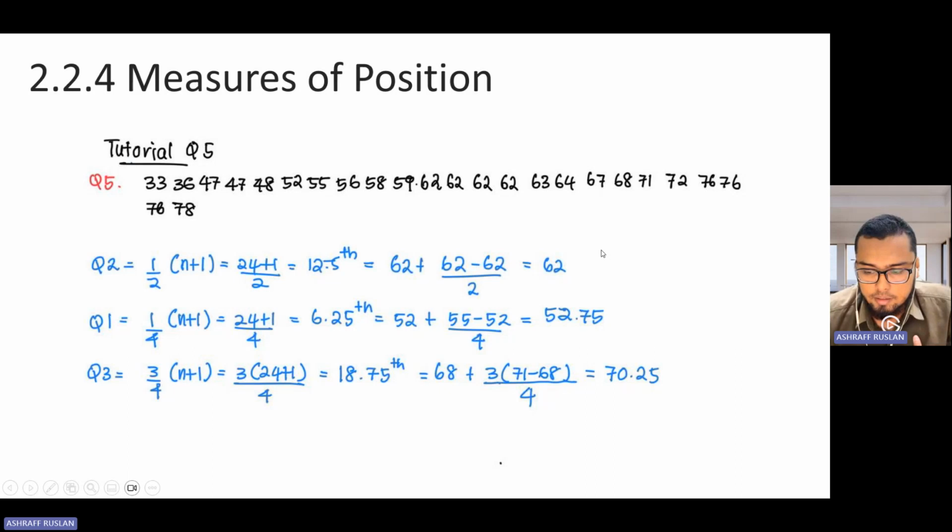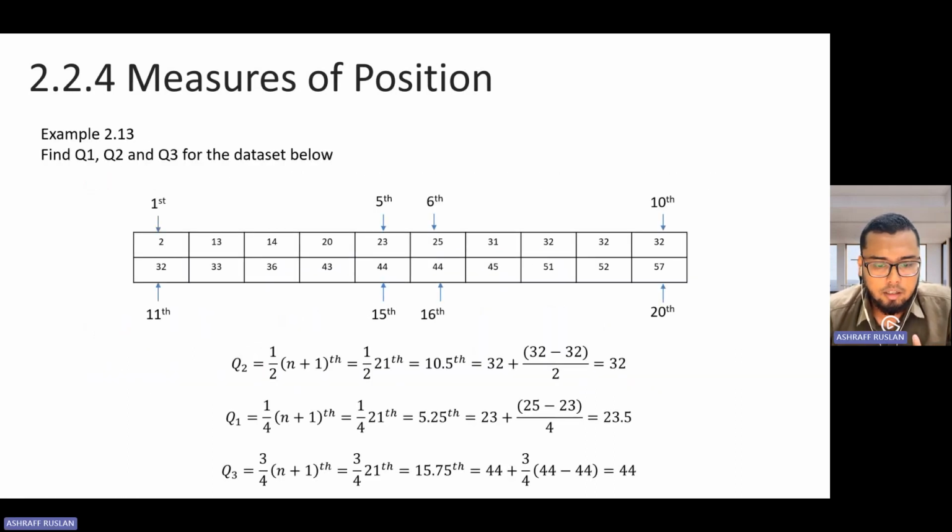Itulah pengiraannya. So, I think kat sini ada yang lebih cantik. Ada juga example dekat sini. Okay, dah disusun from smallest to the largest, this one ada 20 data sahaja. So, similar calculation lah perform here.